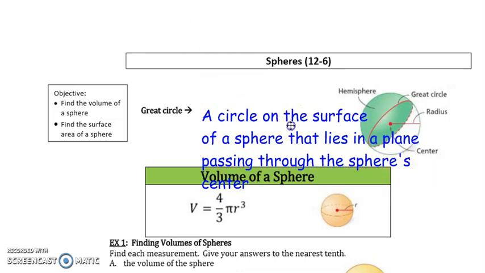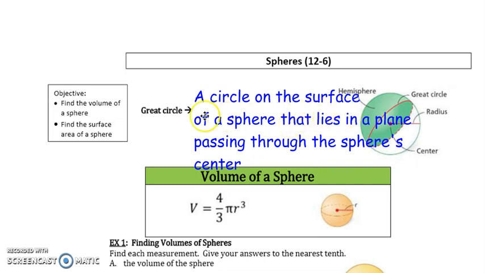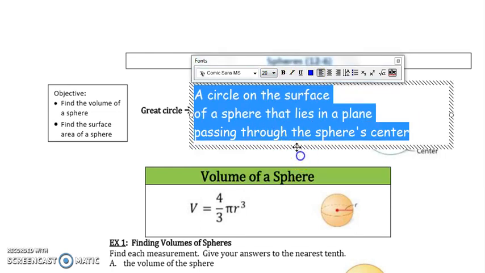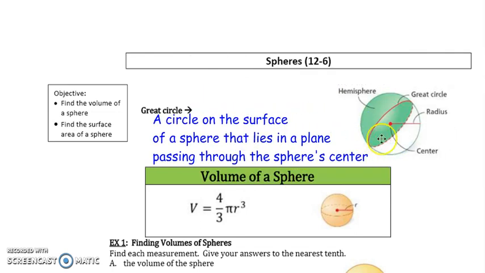So always think of Earth, and if we're thinking about Earth, then the equator would be kind of a good example because it passes through the center. And so that's the great circle. Whenever anything refers to the great circle, that is what that circle is.